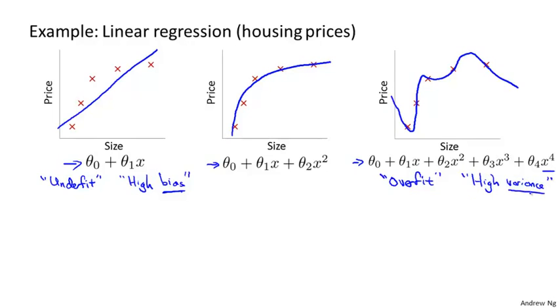The term high variance is another historical or technical one, but the intuition is that if we're fitting such a high order polynomial, then the hypothesis can fit almost any function, and the space of possible hypotheses is just too large, or too variable, and we don't have enough data to constrain it to give us a good hypothesis. So that's called overfitting. And in the middle, there isn't really a name, but I'm just going to write "just right," where a second degree polynomial, a quadratic function, seems to be just right for fitting this data.